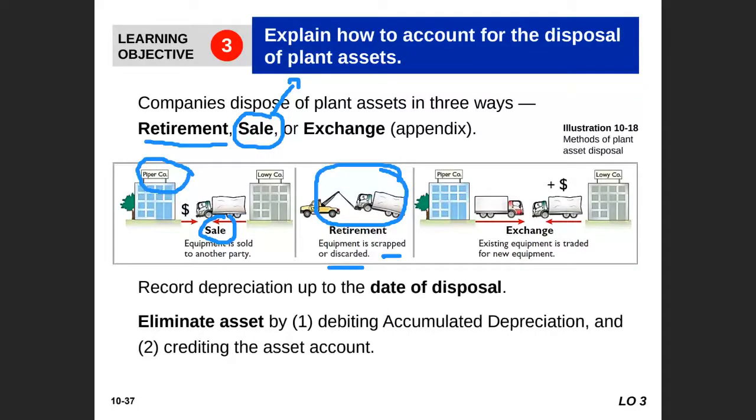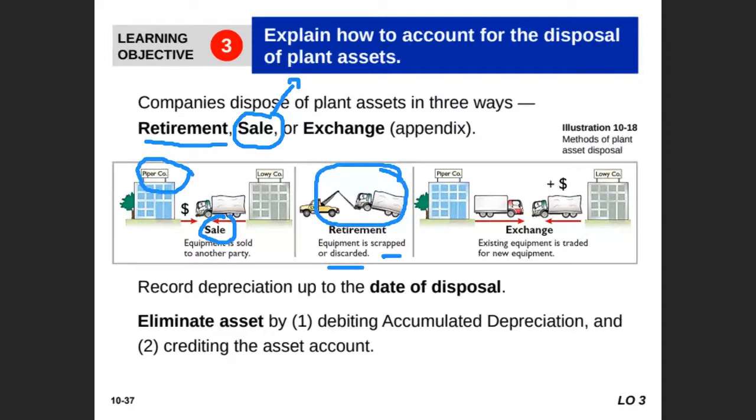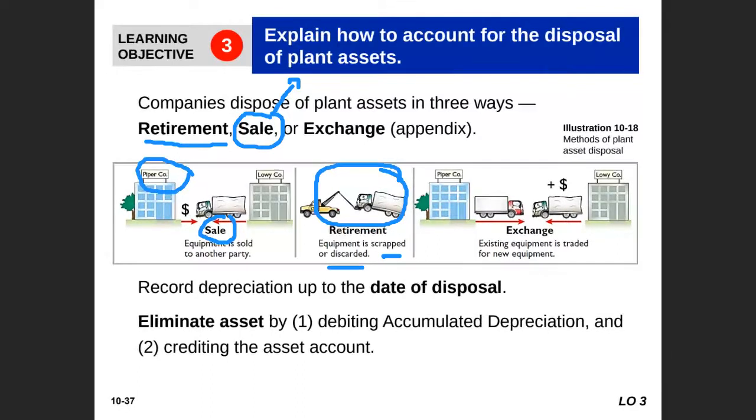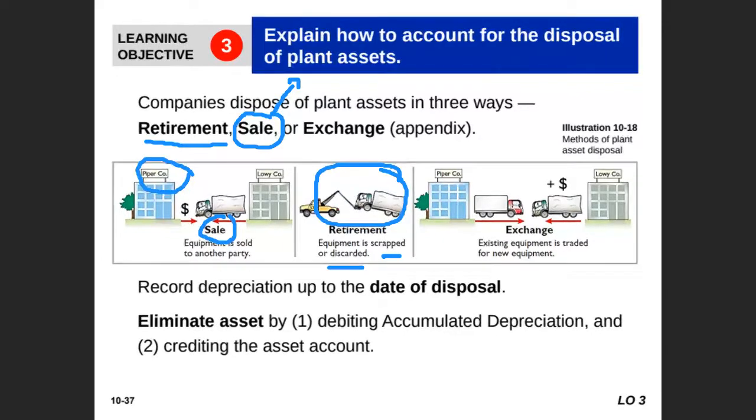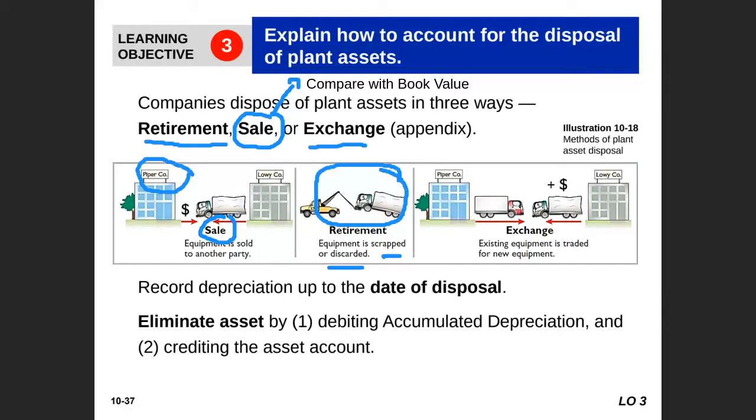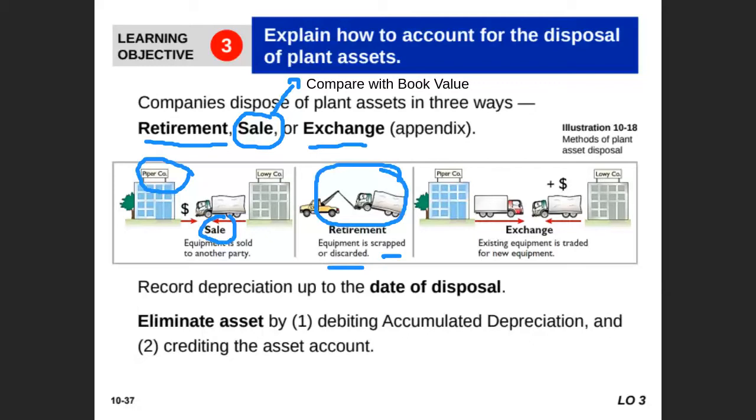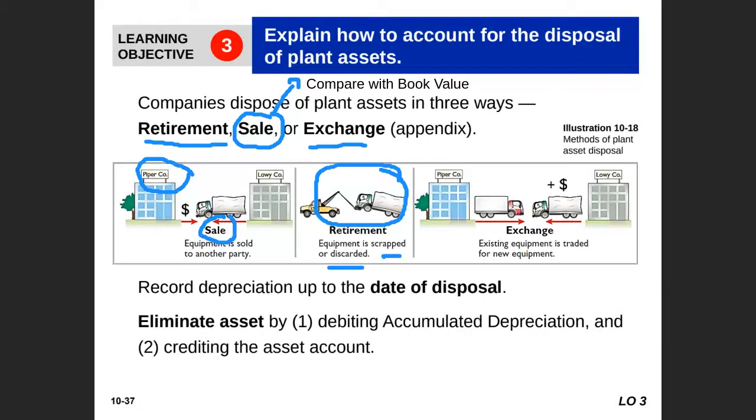So I'll say here, compare with book value. And by now you should know what the book value is. You do the same thing when you exchange the asset, meaning you take one asset and exchange it for another. Just give your old car and take a new car, exchanging by paying some extra amount.